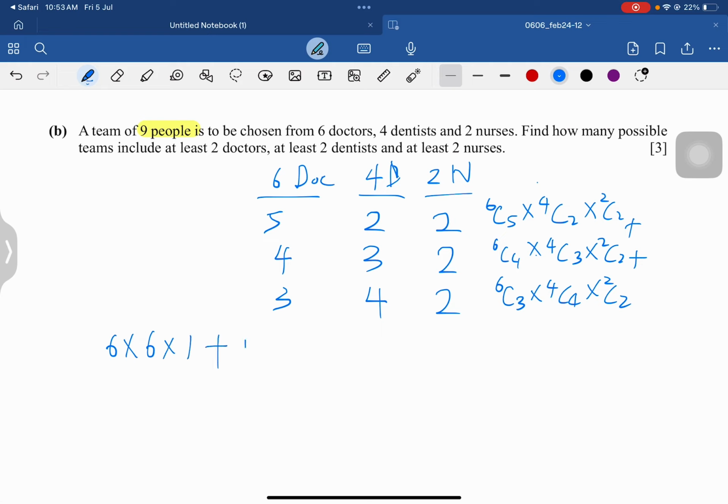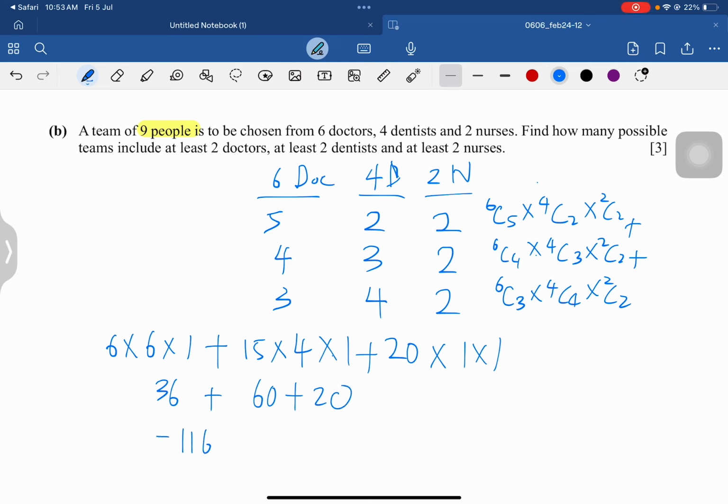Plus 6C4 is 15, times 4C3 is 4, times 1. Plus 6C3 is 6 times 5 times 4 over 6, which is 20, times 1 times 1. 36 plus 60 plus 20, 116 will be your answer.